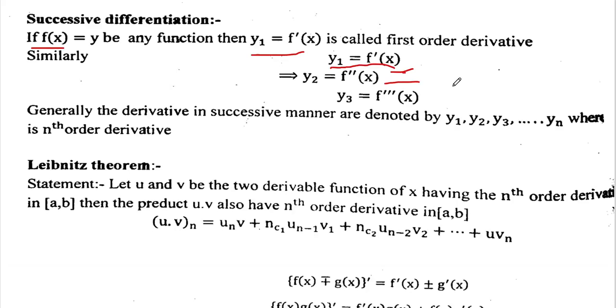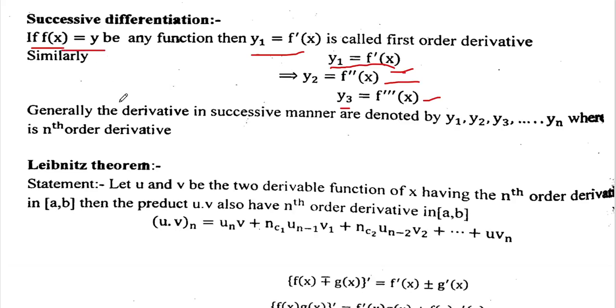Similarly, if you differentiate this function a third time, we get d cube y by dx cube, written as y3 equal to f triple dash of x. So this is the third order derivative of the function y equal to f of x.